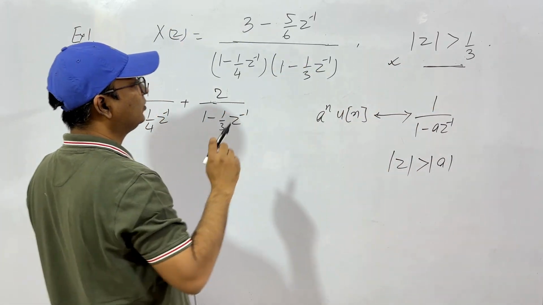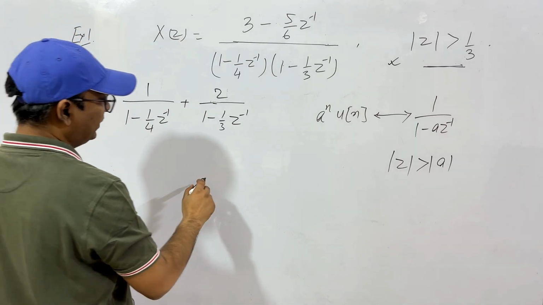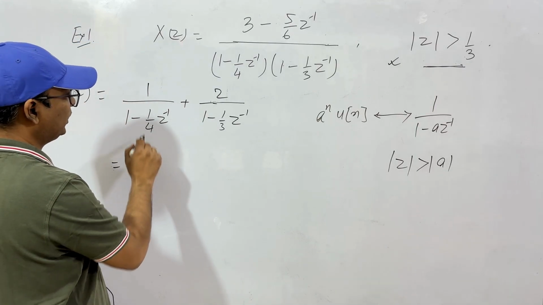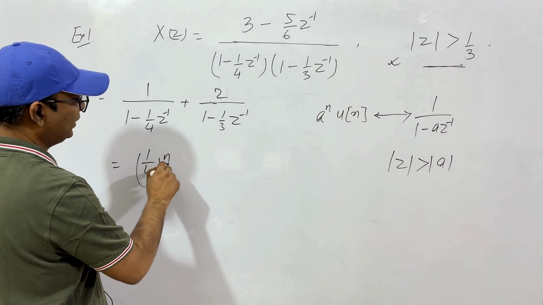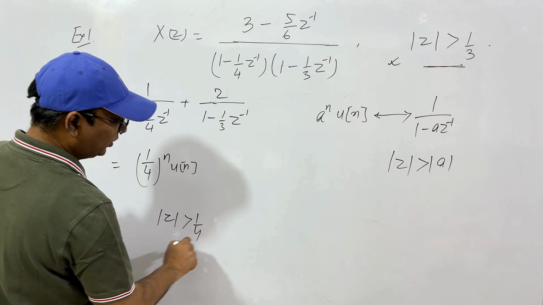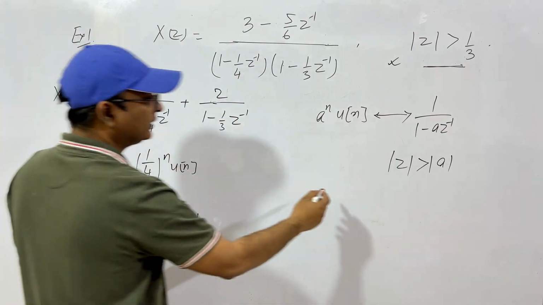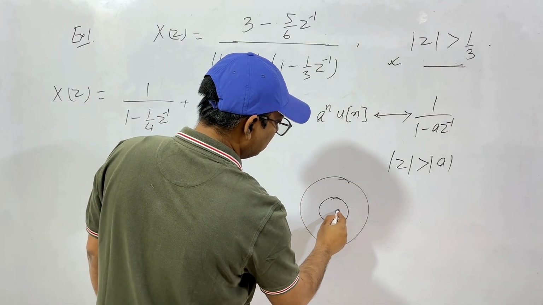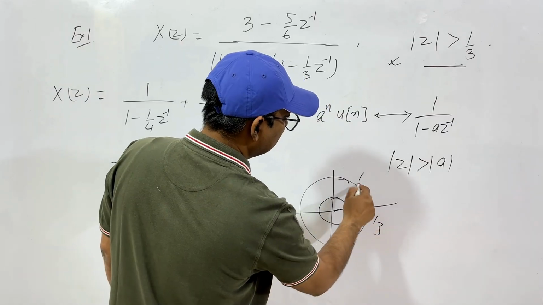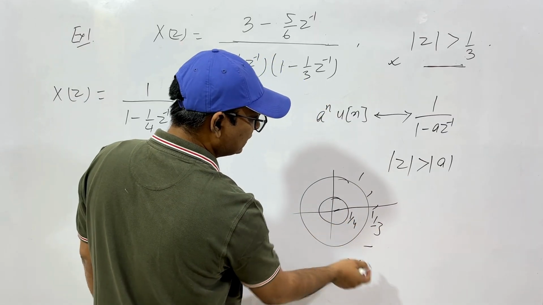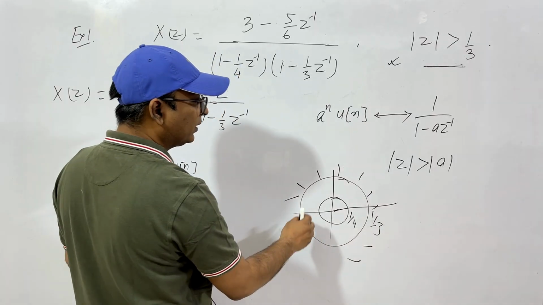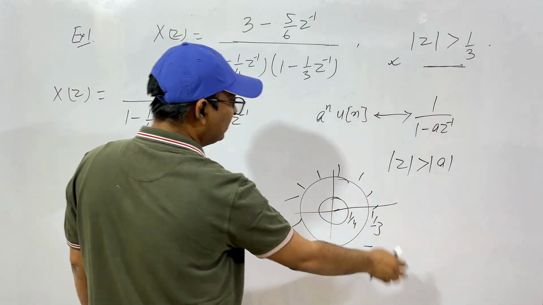Since it is greater than 1 by 3, and 1 by 3 is greater than 1 by 4, this will be equal to 1 by 4 to the power n u[n] for z greater than 1 by 4. If you see this properly, let this be 1 by 4 and this 1 by 3. Since z greater than 1 by 4 holds true for z greater than 1 by 3.